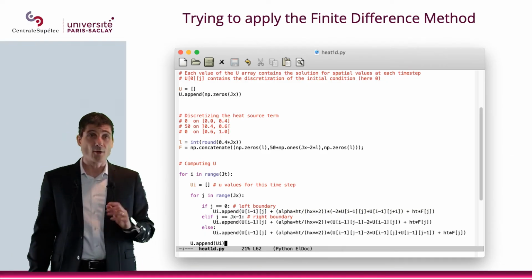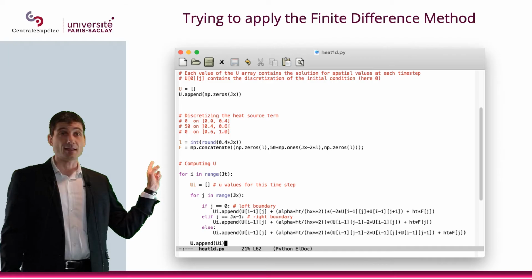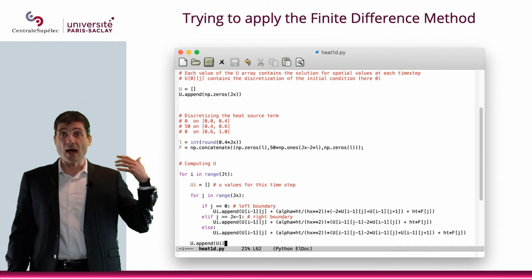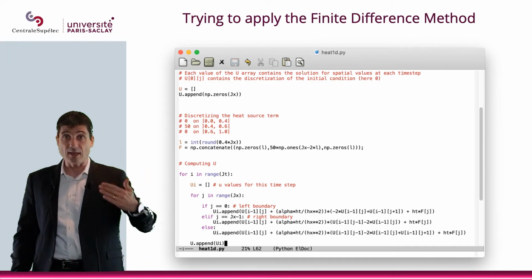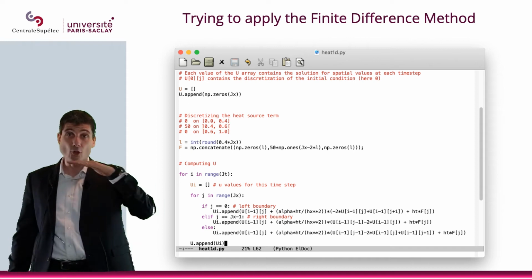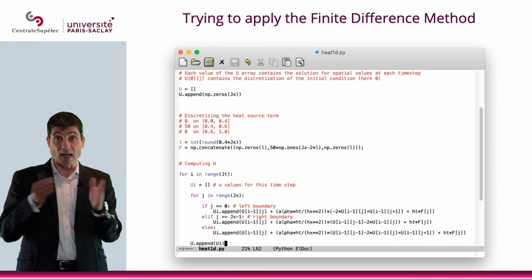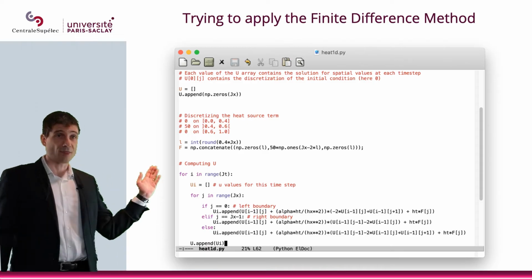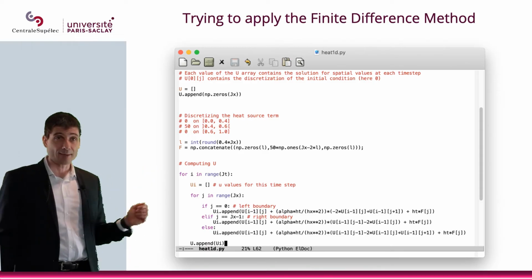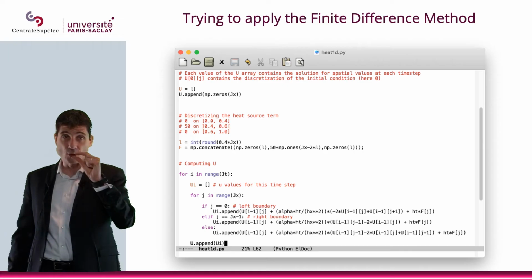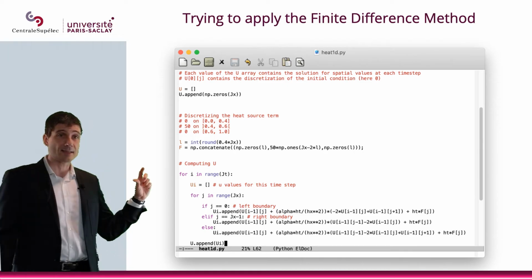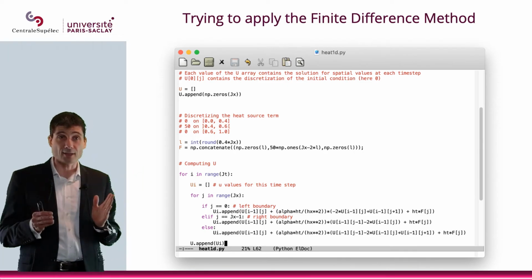So that's why we have a for i in range jt. That is basically saying, once I know u_i, I can compute u_{i+1} for all possible j's. So that's why I have this first loop. I'm going to build this u_i, and so how am I going to do this?